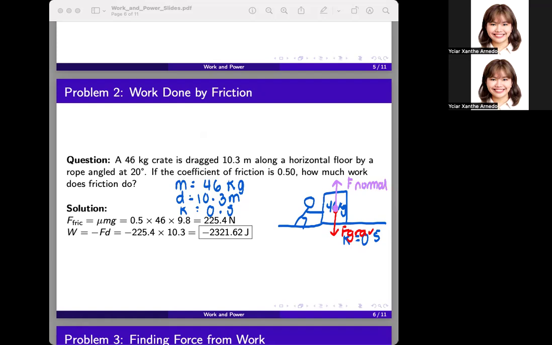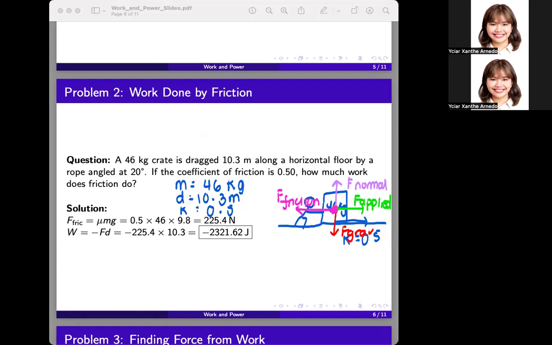And again, we have the applied force. We also have friction in the opposite direction. So again, the displacement here should be in the same direction as the applied force.